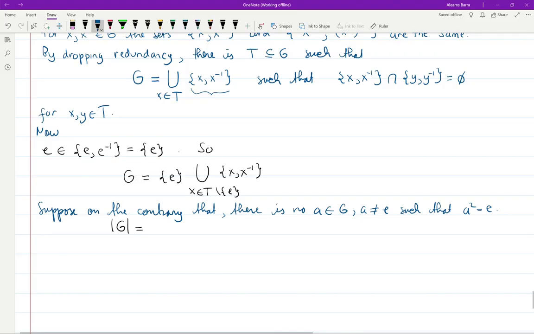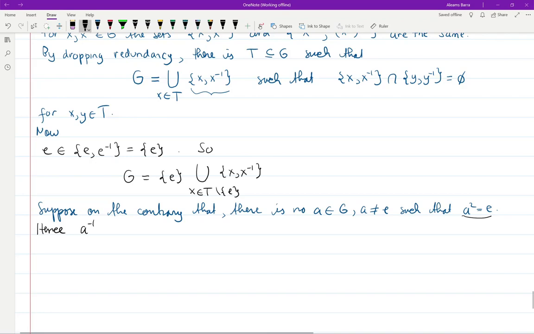Saying that A squared equals E is the same thing as saying that the inverse of A is itself.